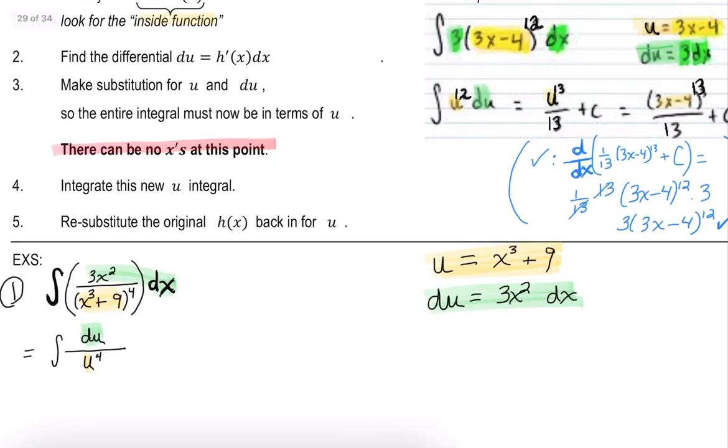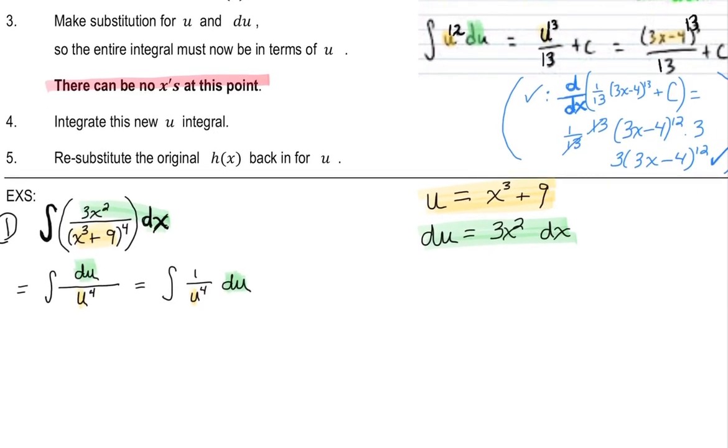I think initially for students it might be easier to see that as the integral of 1 over u to the fourth du, especially if you're thinking of this as bookends on the problem, so to speak. So either way, this is what we have. We can see exactly what got replaced in yellow for the u, and what's in green, that entire quantity became my du. So now we have this in a form that we can actually take the antiderivative of.